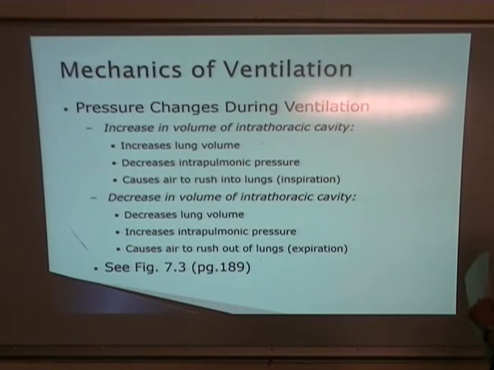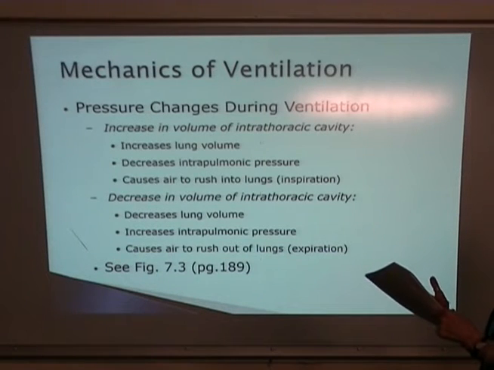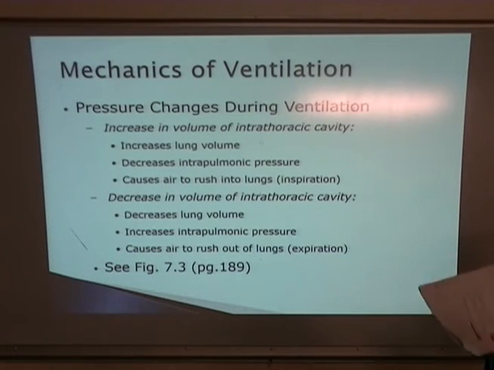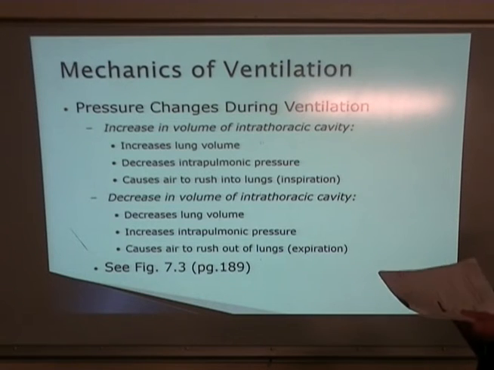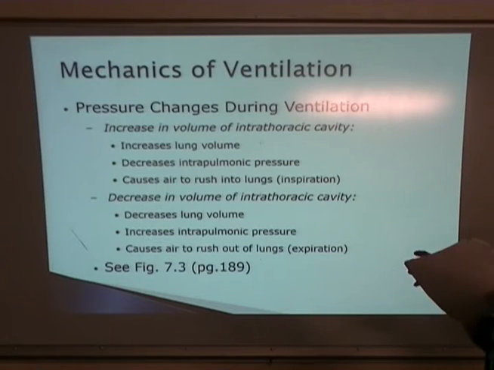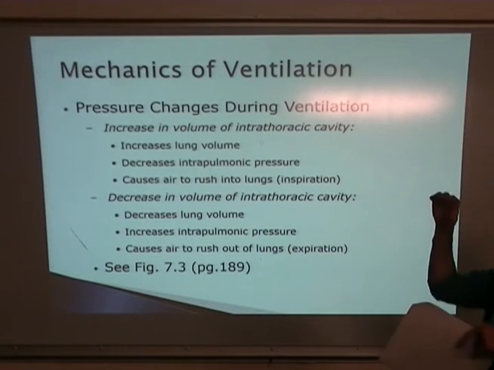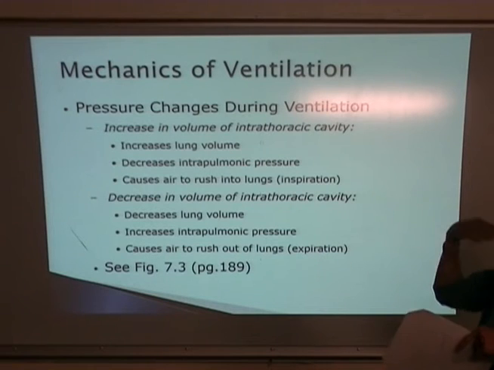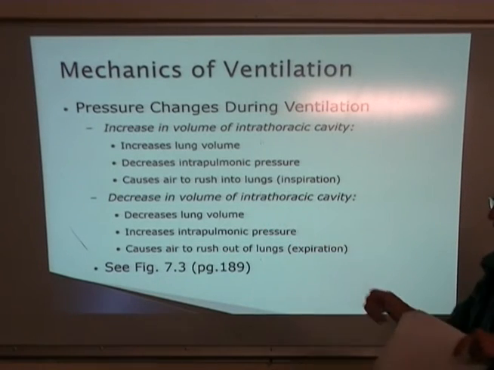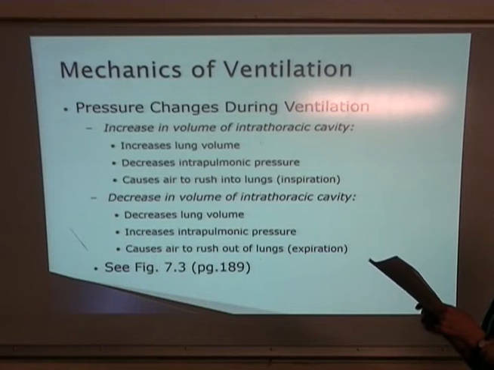Right? Then in order to breathe out, we don't have to contract any muscles to breathe out. We just have to stop contracting and allow them to relax, to return back to a relaxed state. And as they relax, it decreases the lung volume, which increases the pressure, and air moves out into the atmosphere.